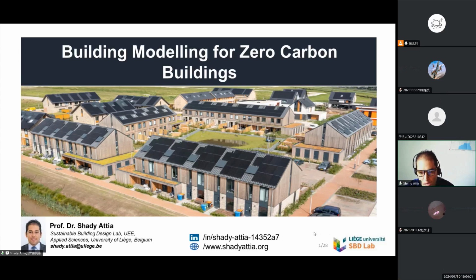Most of the buildings are made of timber. There are building integrated solar thermal systems and building integrated solar electric systems like the PV. You can see also there are heat pumps. The heat pumps are used to heat the buildings. The buildings are very highly insulated, so very well insulated.